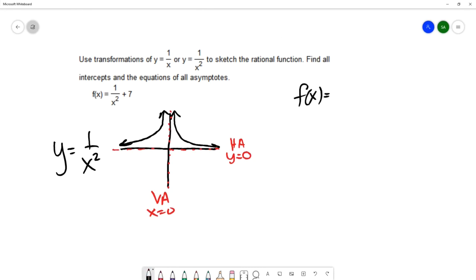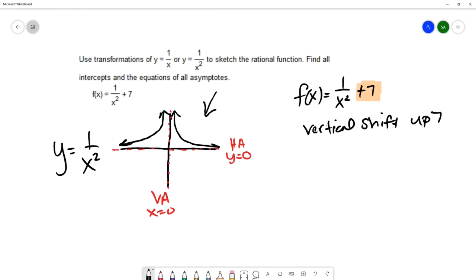We have f of x equals 1 over x squared plus 7. So this plus 7 is the one transformation, and it is a vertical shift. We know it's a vertical shift because it's got adding and subtracting, and we're going to go up 7 because it's a plus.